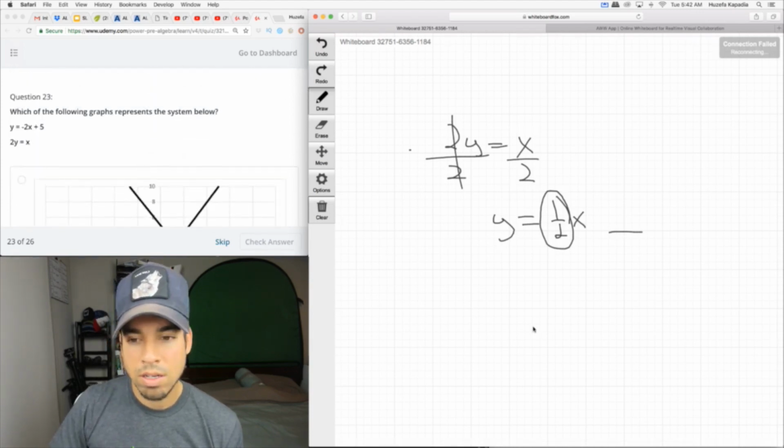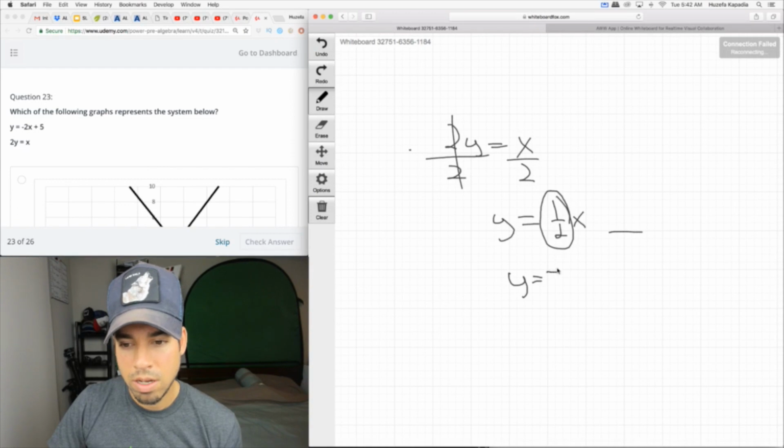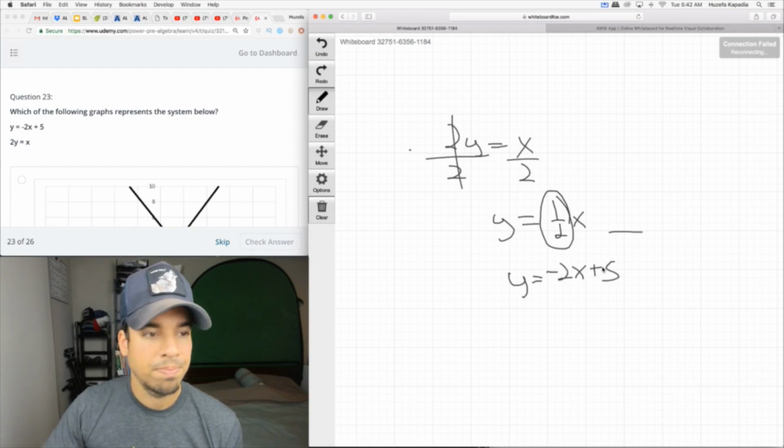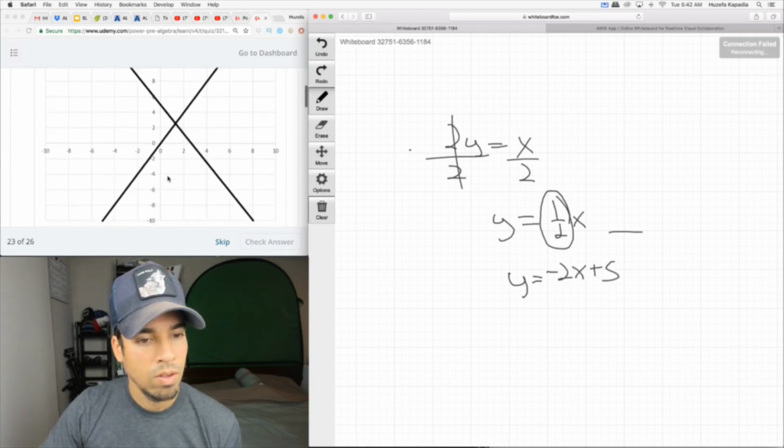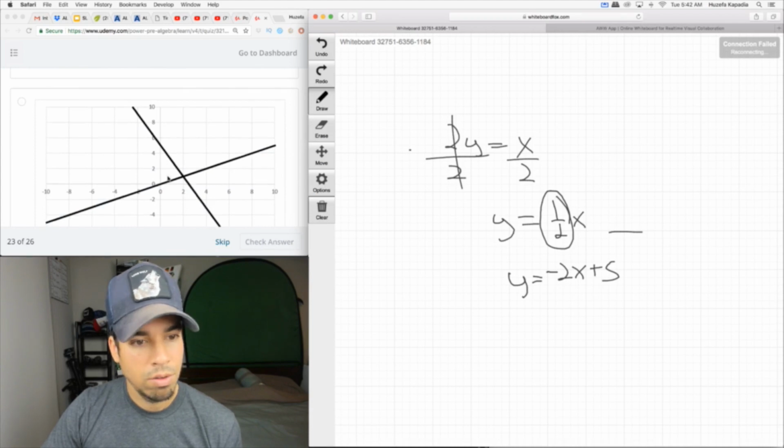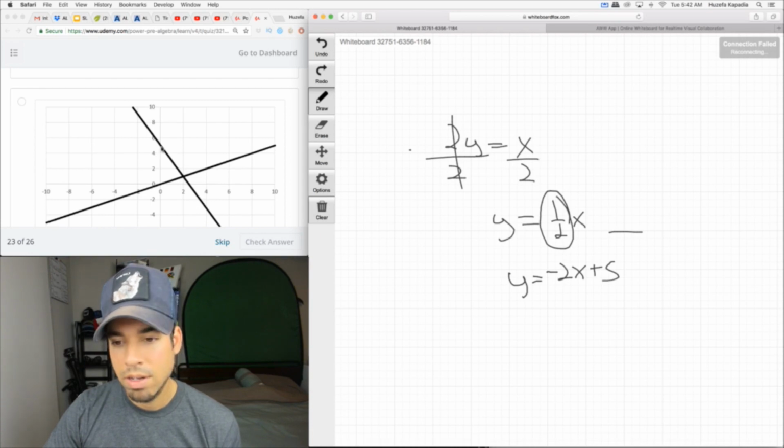Let me write this other line down. y equals negative 2x plus 5. Okay, 0 and 5, the y-intercepts are correct. So this is 1/2 x, up by 1 over by 2, up by 1 over by 2. This is good, and then a slope of negative 2, let's see, down by 2 over by 1.